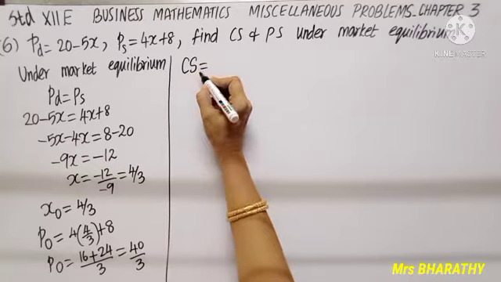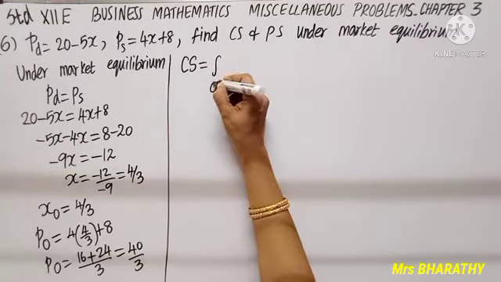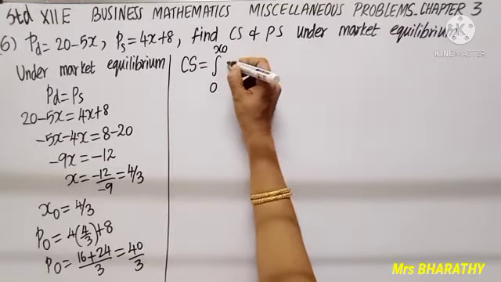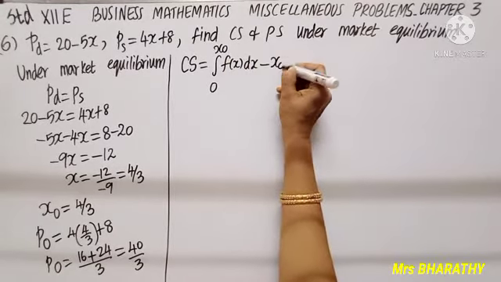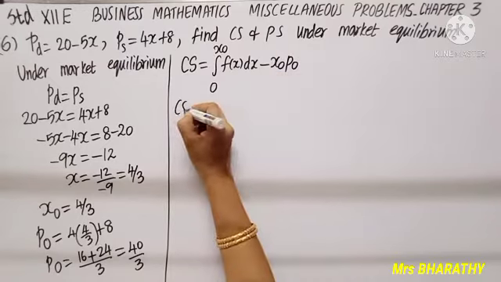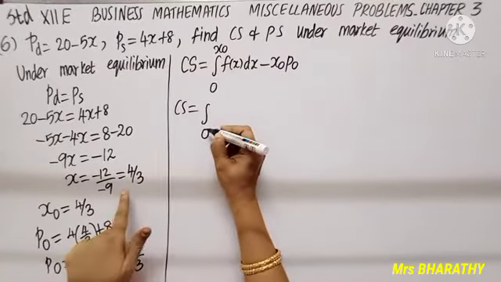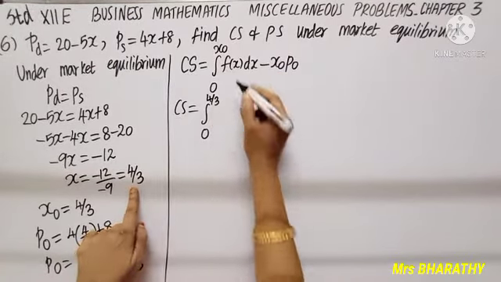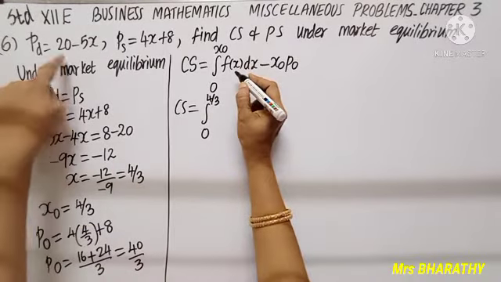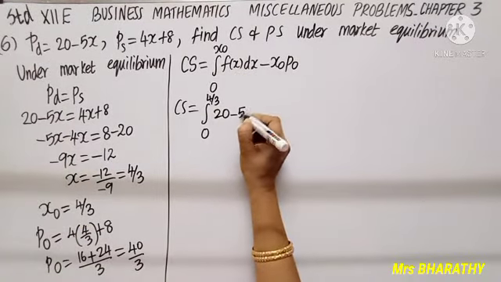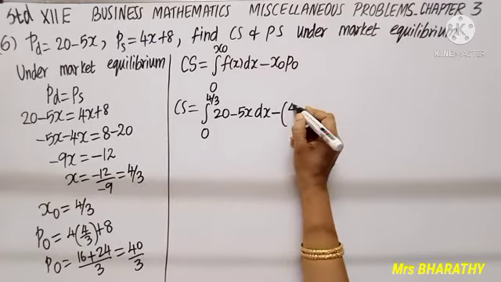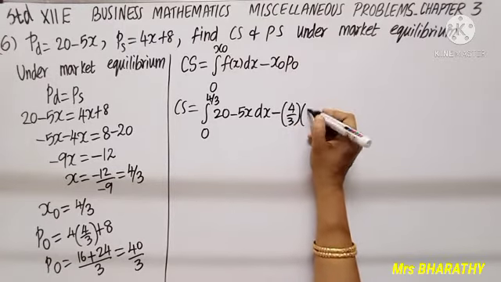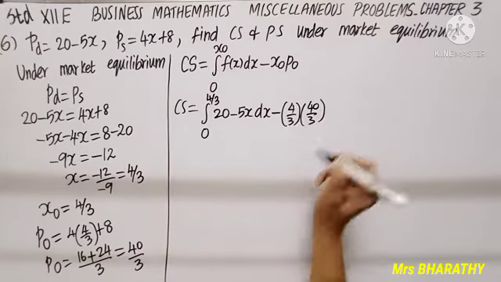Consumer surplus CS equals integral 0 to x naught f of x dx minus x naught p naught. Here x naught is 4 by 3. F of x is the demand function, say 20 minus 5x dx, minus x naught value 4 by 3, p naught value 40 by 3.